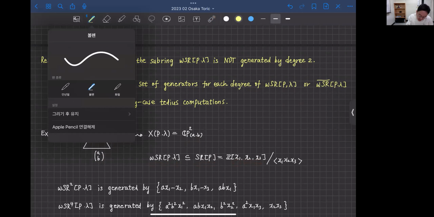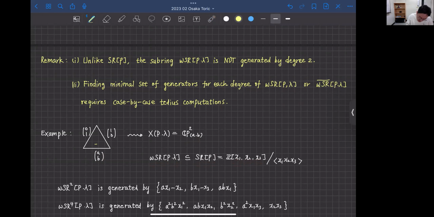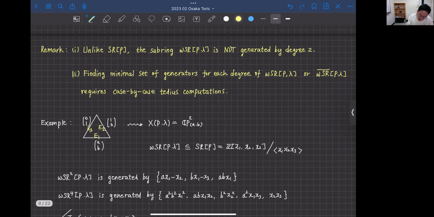To be more precise, according to our previous notation, this is e1, this is e2, and this is e3. Remember that I always put (1,0) and (0,1) as my last two indices.